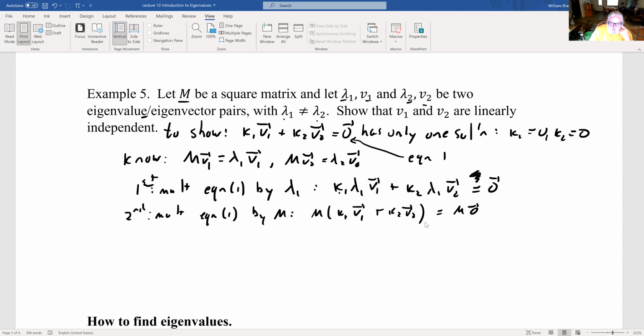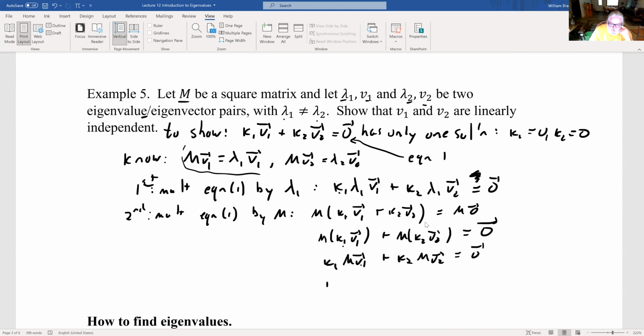Using the various properties we know about matrix multiplication, we can break that apart. We know matrix times 0 is 0. k1 can come out. And now M v1 is lambda 1 v1, and M v2 is lambda 2 v2.